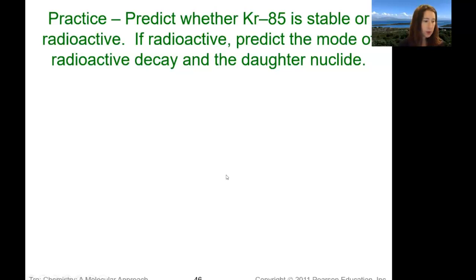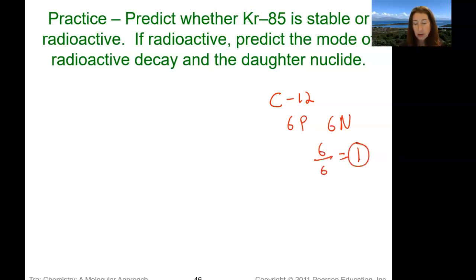Just really quickly, I want to do one here just so you can see. Let's do carbon-12. Carbon-12 has 6 protons and 6 neutrons. If you do your N to Z ratio, that's 6 over 6, a ratio of 1.